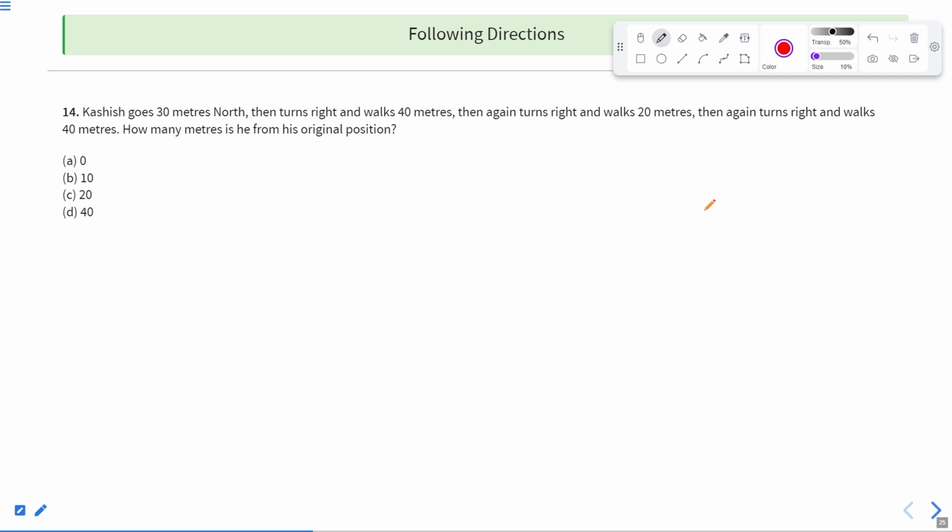Kashish goes 30 meters north. Okay, guys, taking this as starting point, we have Kashish, which moves 30 meters north, then turns right and follows 40 meters, then turns right again and walks 20 meters. Two rights make downward direction, okay? Then left, three rights apparently, walks 20 meters, 40 meters, okay. How many meters from the original position?